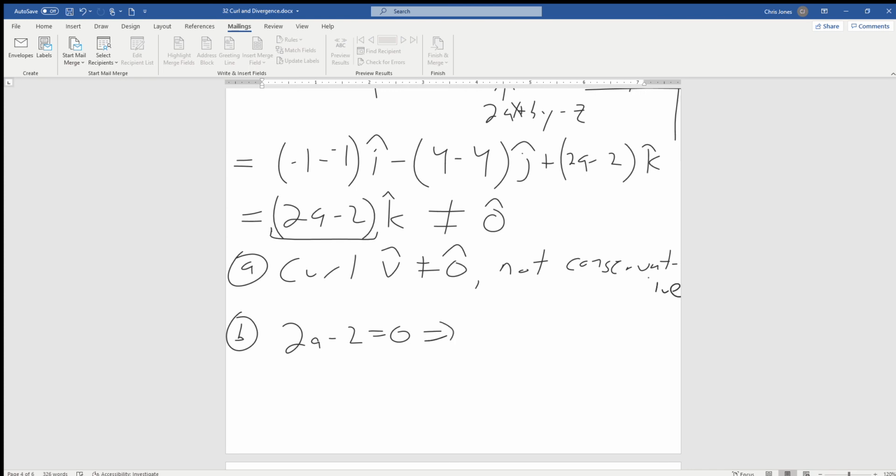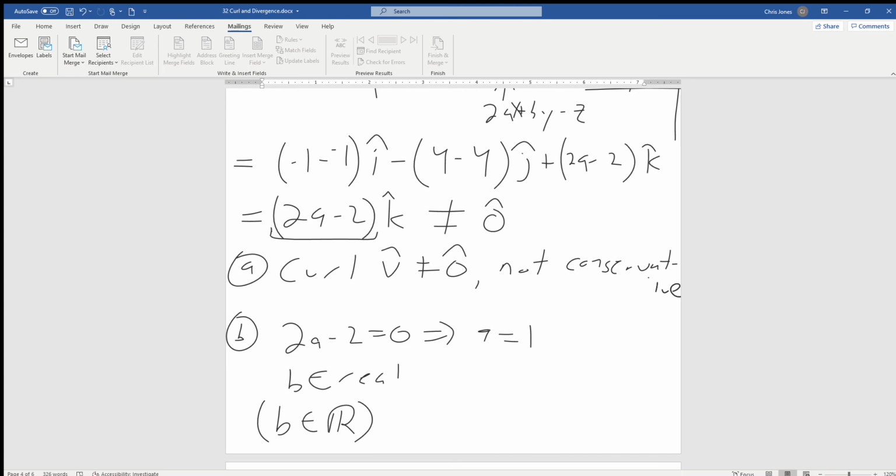Now clearly that tells us that a is going to be equal to 1. It also tells us that b can be any real number. Or if you want to do it in one line, you could just say b is an element of the real numbers. So to determine where a vector field is irrotational, just set each of the components of i, j, and k equal to 0 and solve.